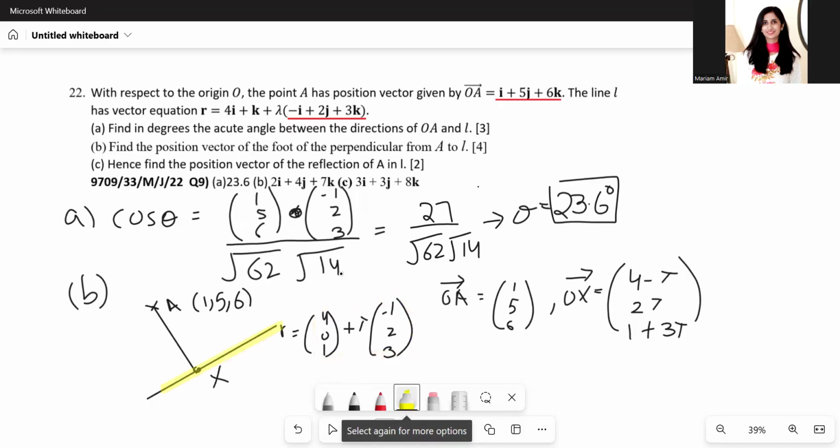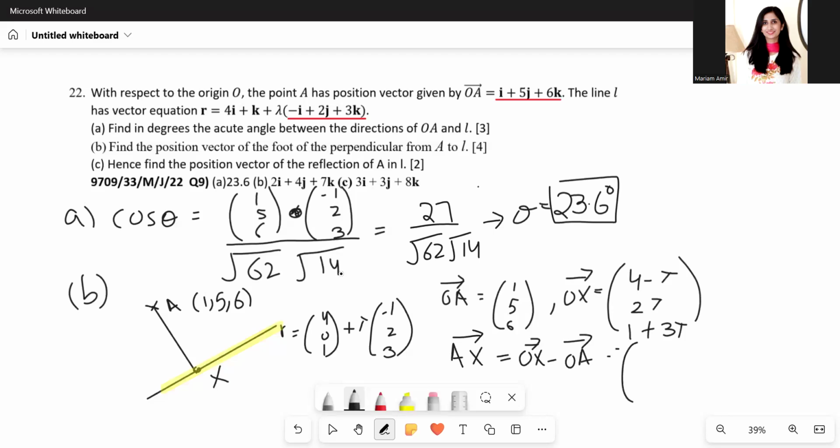Okay. Next is finding the expression for vector AX, which will be OX minus OA, which would be (3 minus lambda, 2 lambda minus 5, and minus 5 plus 3 lambda).